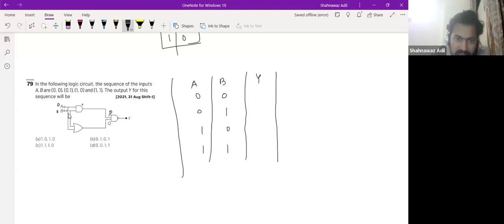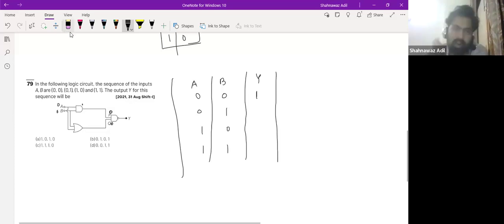So here you have 0, and then this is going 0. So 0 plus 0 is 0, right? And this is the AND gate, so 0 into 0 is 0, bar. So 0 bar, that would be 1. Is it clear, guys?